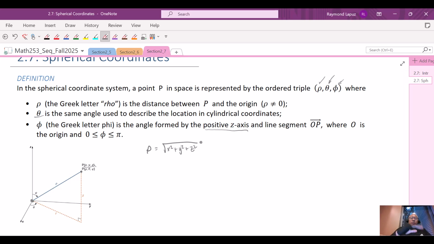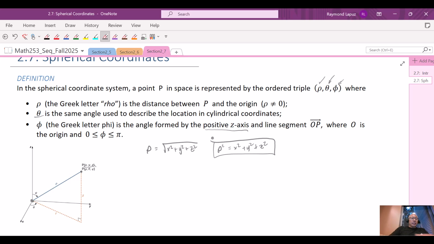To keep from messing around with too many things, we can square both sides. So rho squared is equal to x squared plus y squared plus z squared. This is a more common representation of rho in terms of our rectangular coordinates x, y, and z.